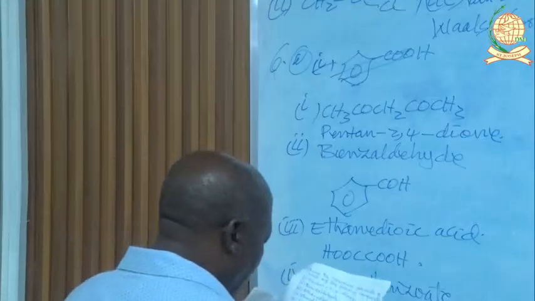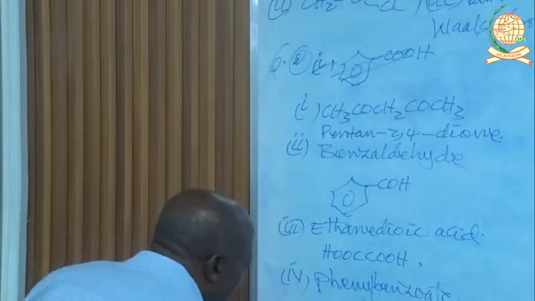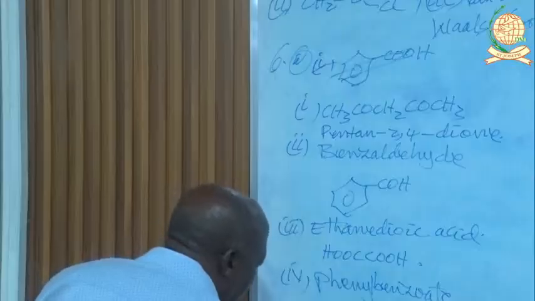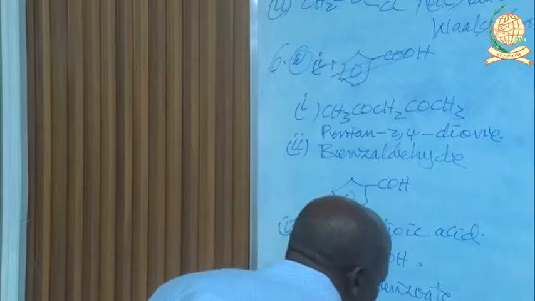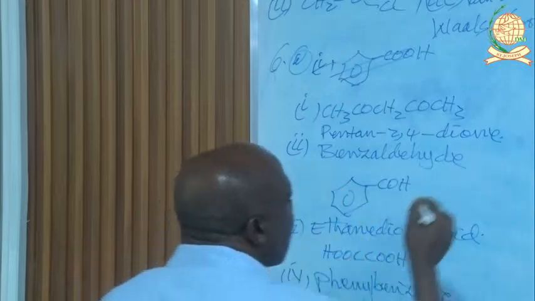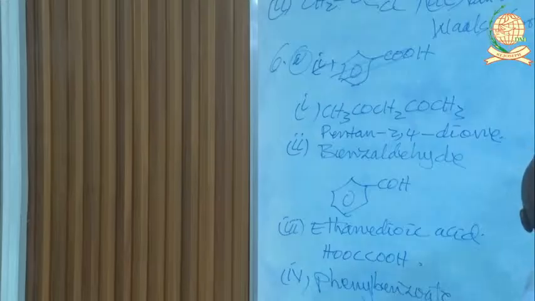The last one is tripropylamine. So tripropylamine, here is CH3, CH2, N, CH2, CH3, and this one is CH2, CH3.